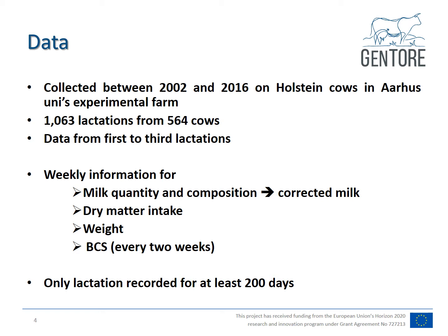We had weekly information for milk quantity and composition, which led us to compute a trait called corrected milk. We had the dry matter intake, the body weight, and the body condition score every 2 weeks. All the lactations that we kept were recorded for a period of at least 200 days.